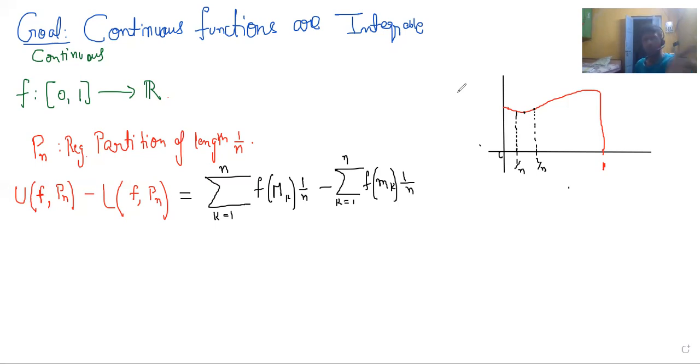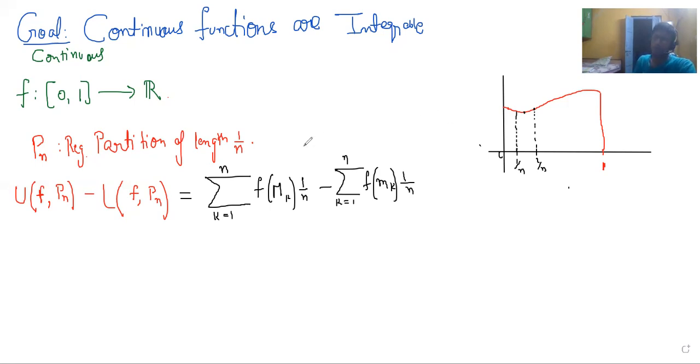And so for that we're taking these regular partitions. Okay. Yes.